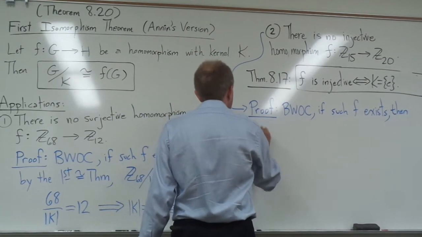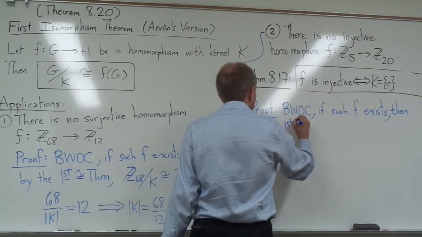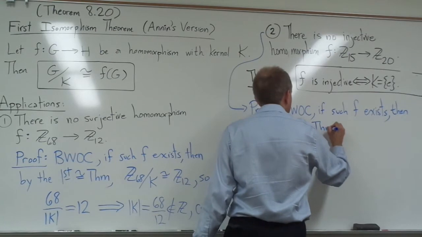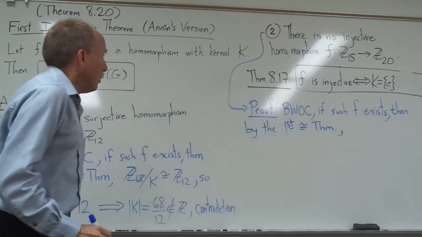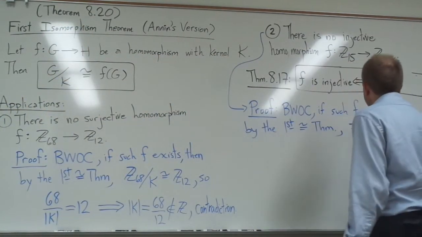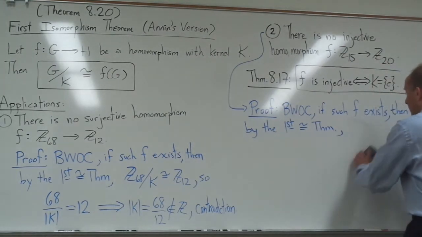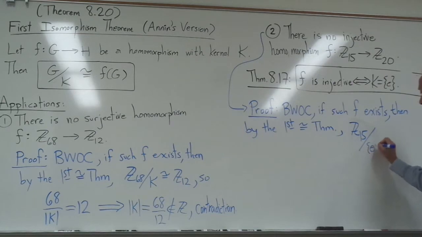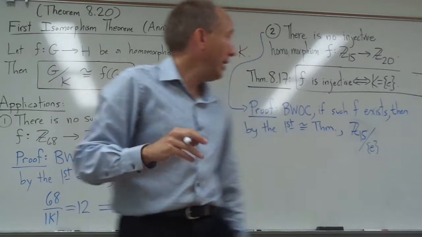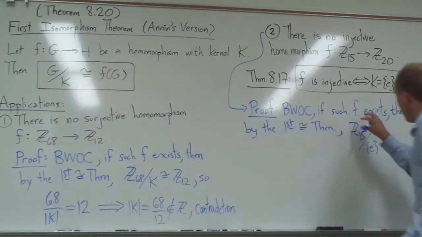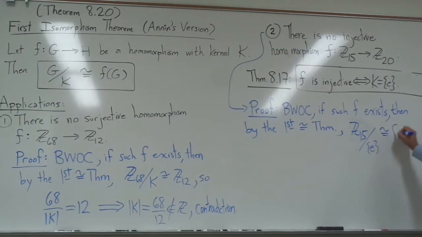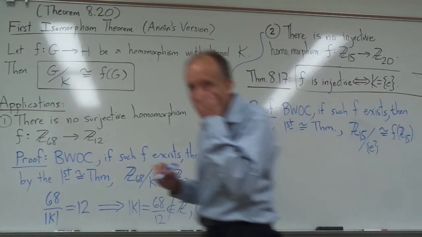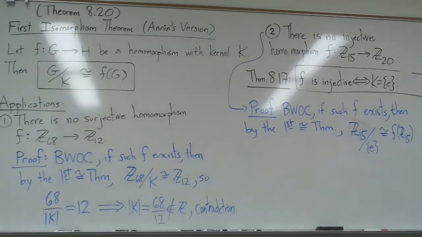By the First Isomorphism Theorem, in that case, we would have Z15 modulo the kernel, but of course the kernel for an injective homomorphism is just e, right? So that's G mod K right there, is isomorphic to whatever f of Z15 is, the image of the function.